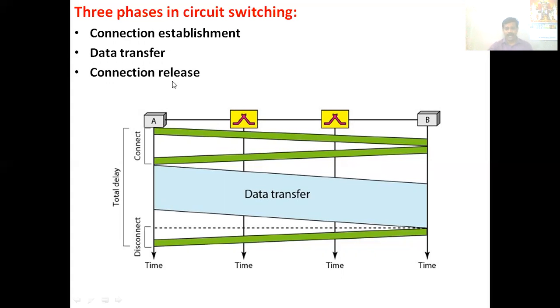Here you are having 2 devices, device A and device B, and 2 switches. After establishing the connection, you transfer the data, and after transferring the data, disconnect.